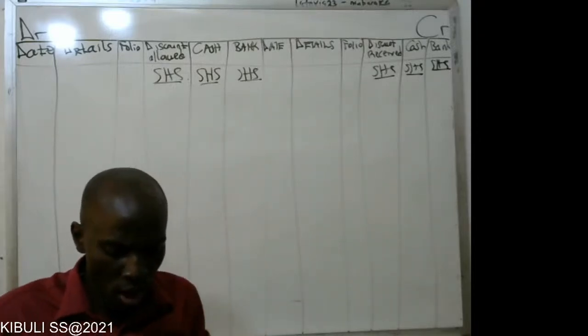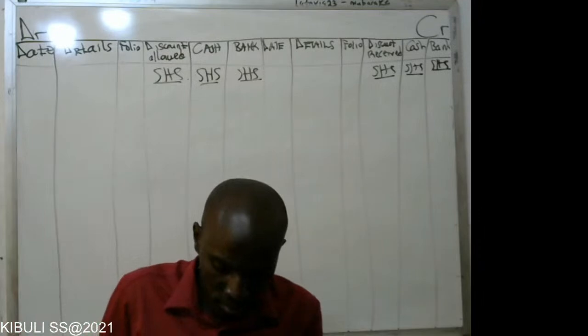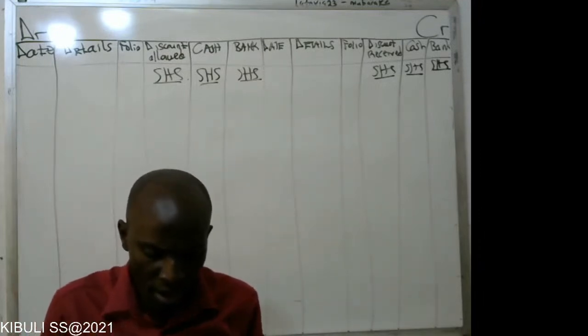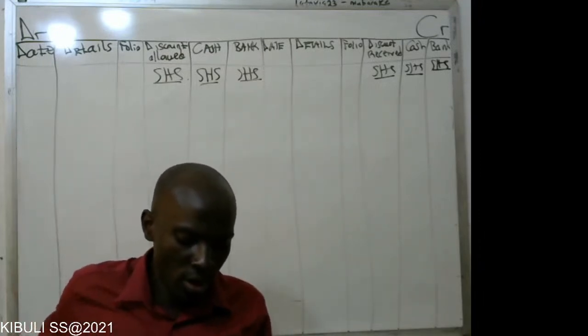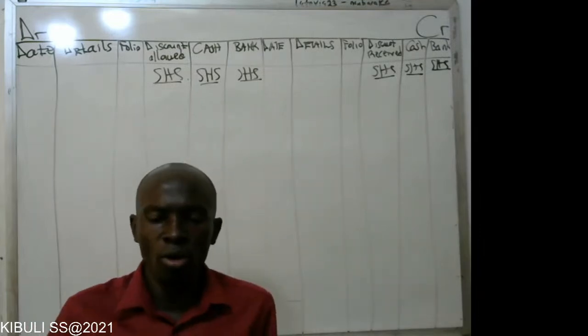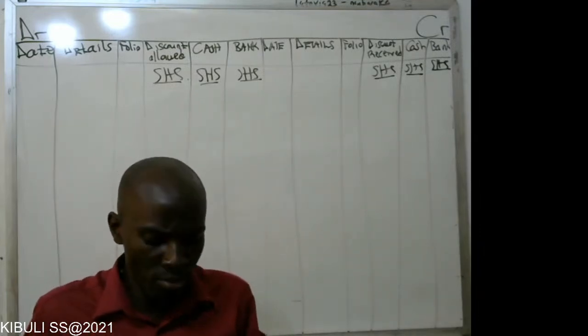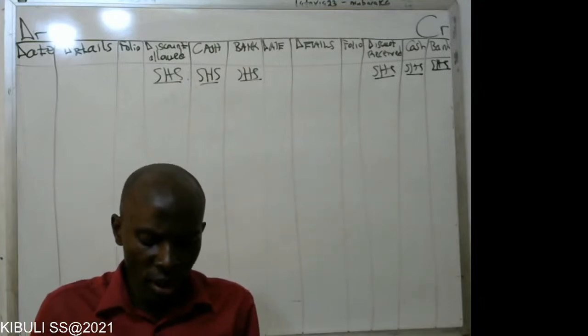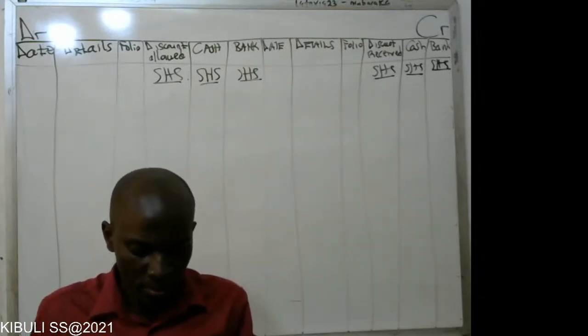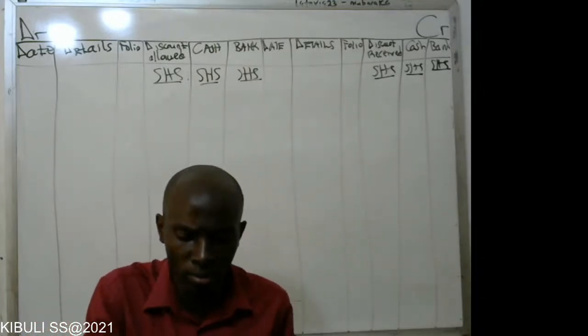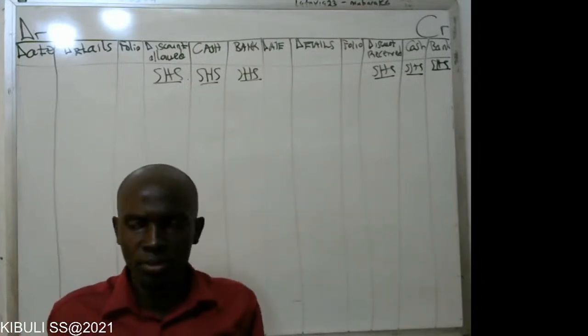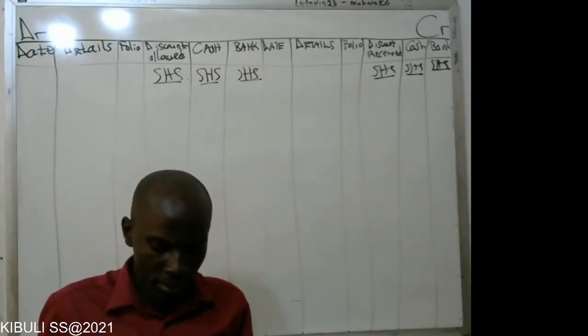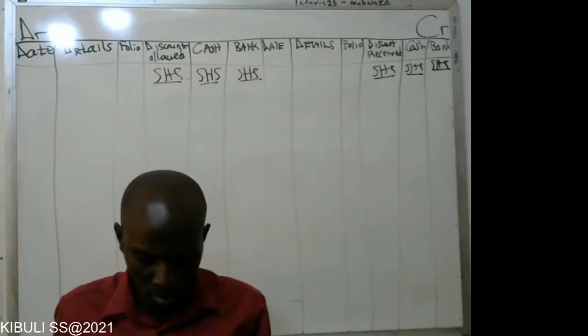Okay. Can we look at an example? Yes, we can look at an example of a 3-column cash book. Let us turn to our notes and check example 1 for Mr. Okot.